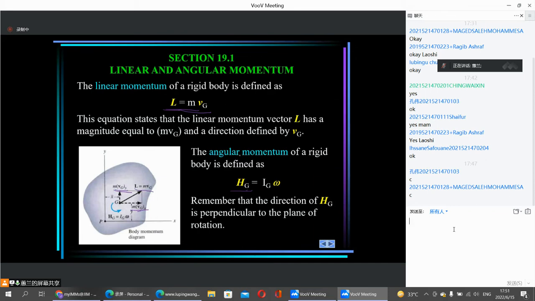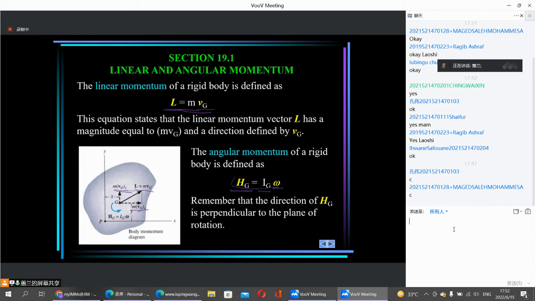We talk about the momentum about the axis perpendicular to the plane and passing through G. So for the angular momentum, m will be replaced by the moment of inertia, and the velocity will be replaced by the angular velocity.